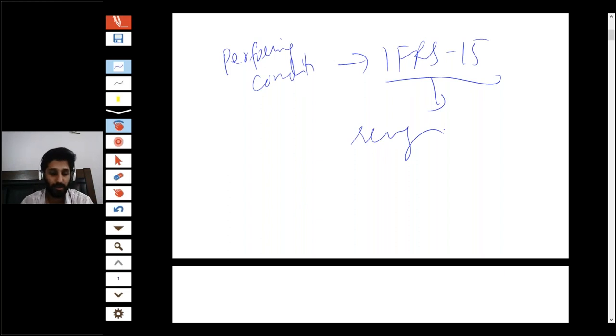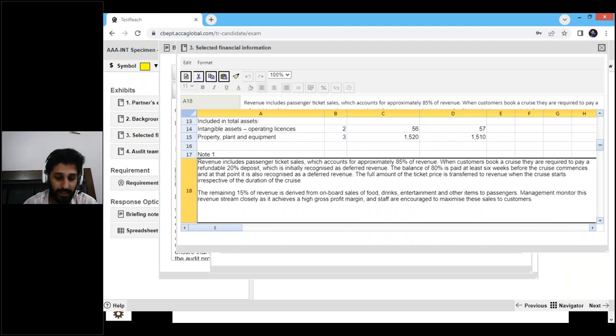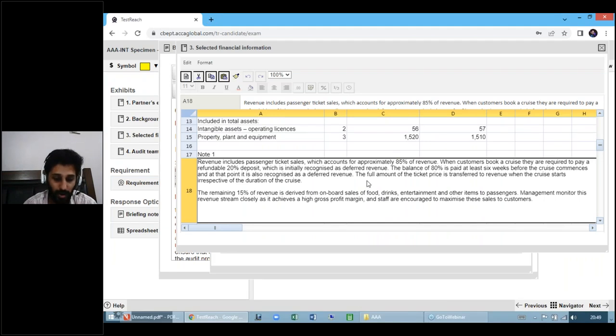Now what this company is doing, the last line, you can focus here on my arrow: the full amount of the ticket price is transferred to revenue when the cruise starts, irrespective of the duration of the cruise.